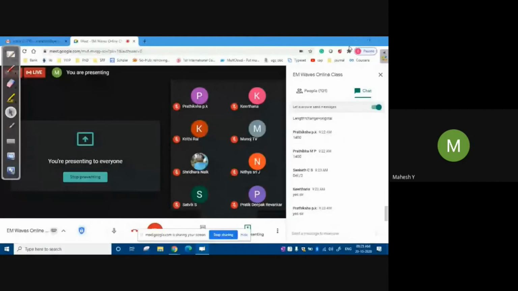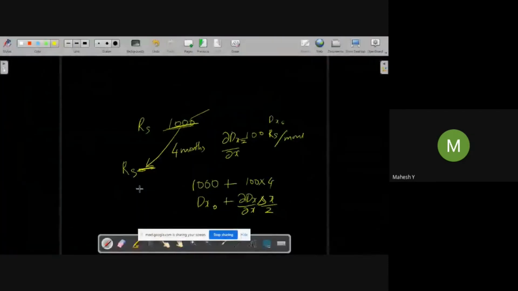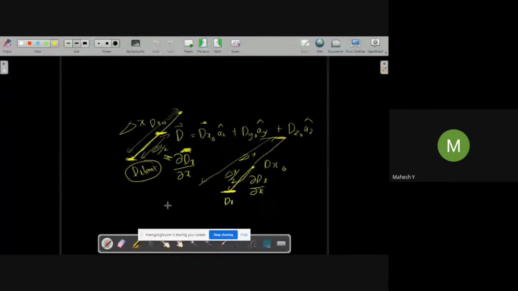Now that is the value of dx front. So I got dx front is equal to dx0 plus dou dx by dou x delta x by 2.